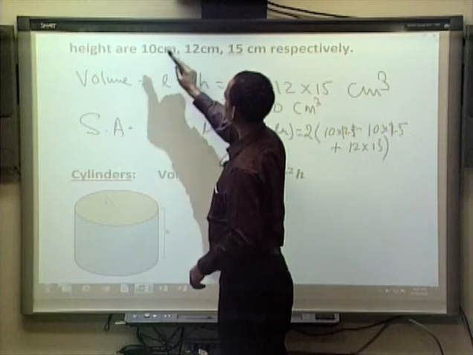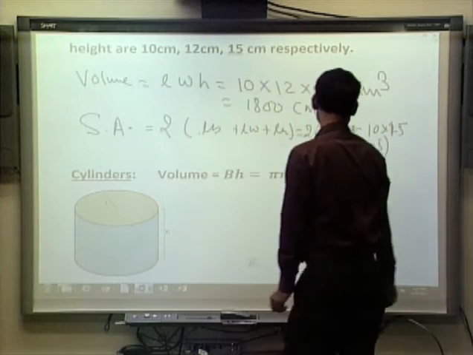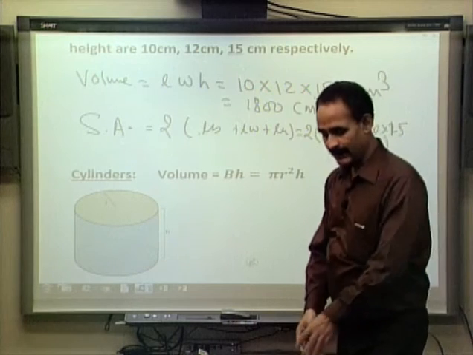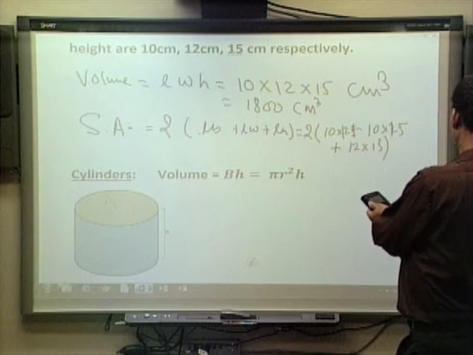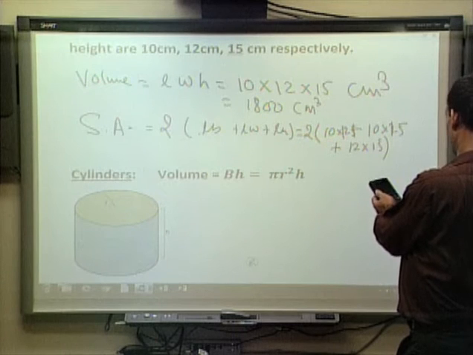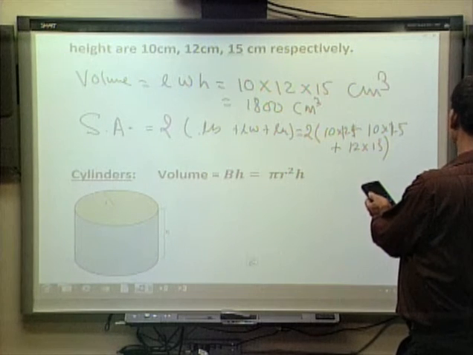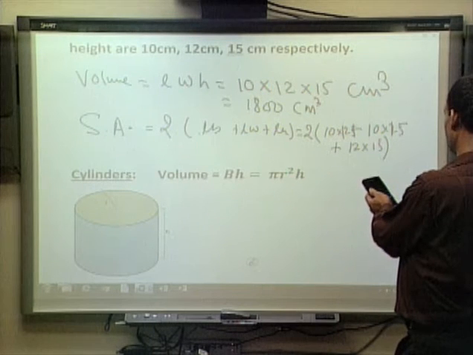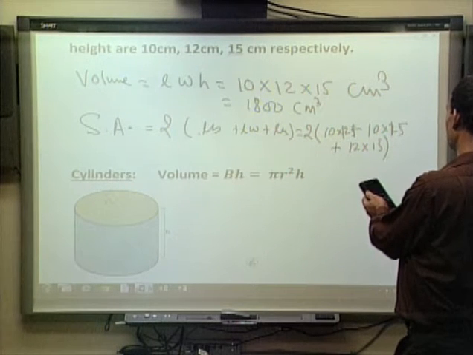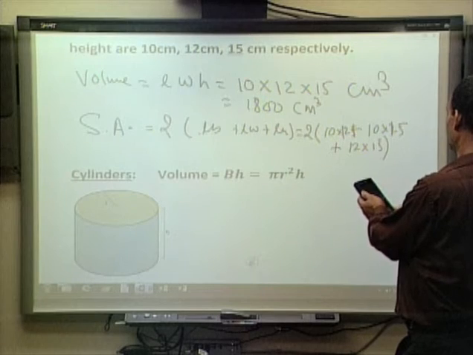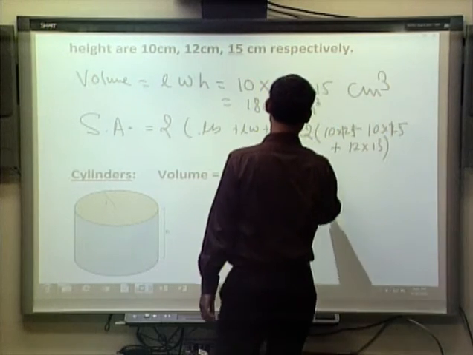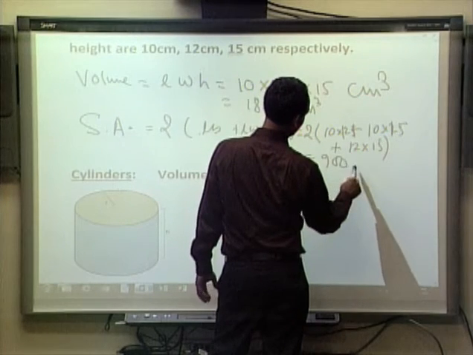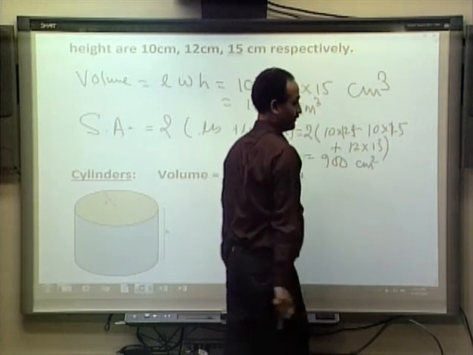Basically, this times this, this times this, and this times this. So, that will be 2 times (10 times 12 plus 10 times 15 plus 12 times 15), which is 900 square centimeter.